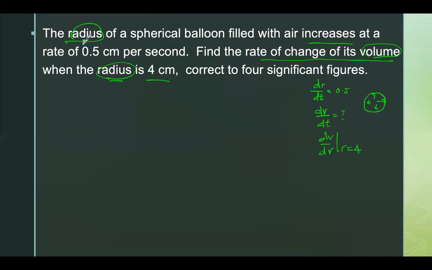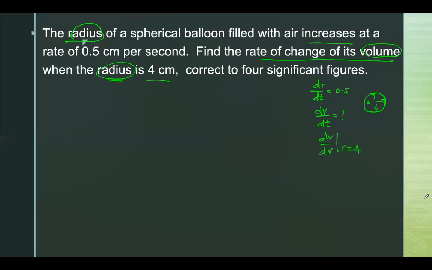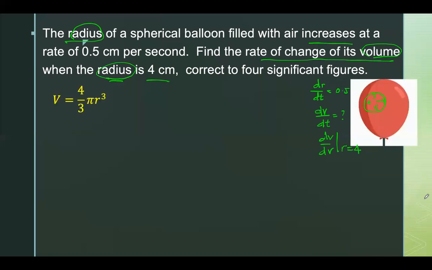Here also there is a clue: dr/dt, you find dV/dt, so automatically we want to find dV/dr. In the earlier question, it was the rate of change of depth of water and the volume, so it was dV/dH when h equals 3.